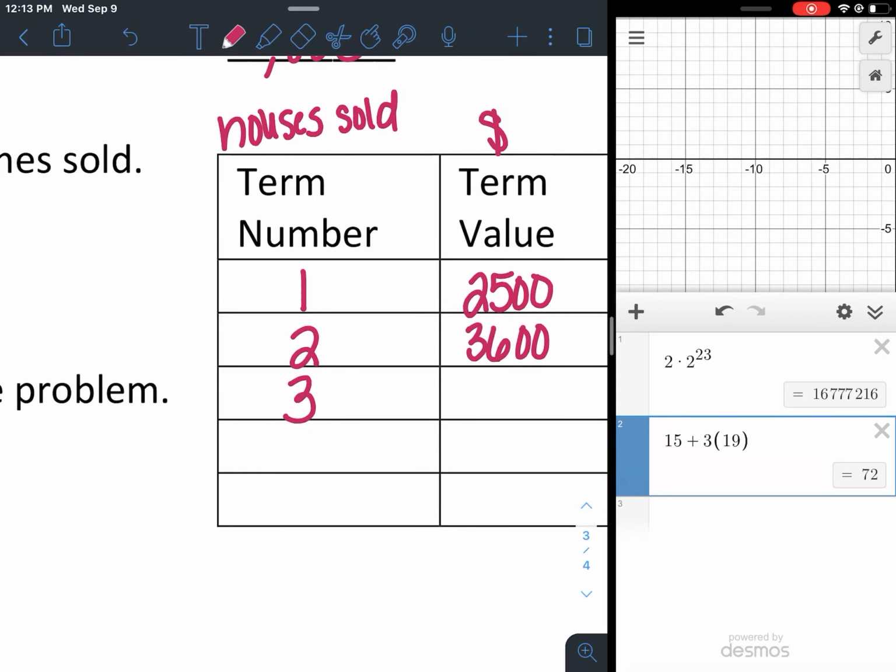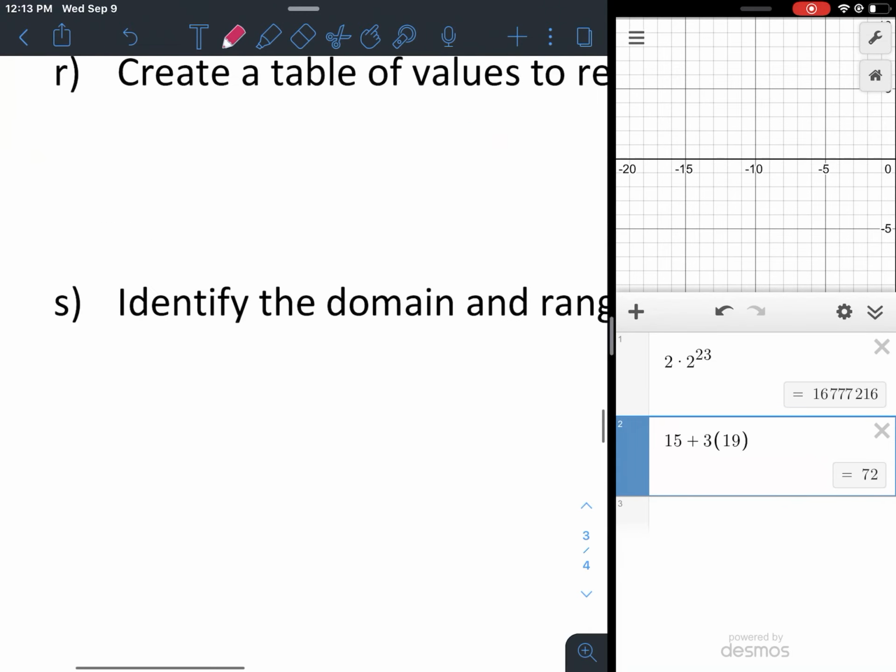Third house, we'll add on $1,100, so $4,700. Our fourth house will be $5,800. Fifth house will be $6,900. Okay, so if you sell 5 houses, after you sell your 5th house, the commission you make is $6,900.